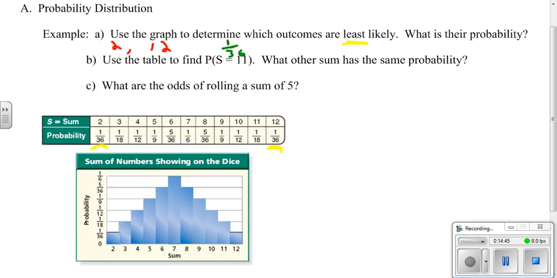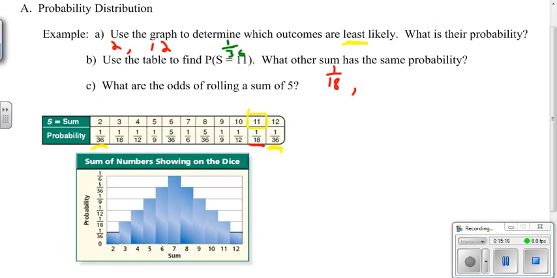Now use the table to find the probability that the sum equals 11. When we have P parentheses something, that's the probability of this happening. So the probability of the sum equaling 11. Well, we just go right to our table and find where our sum is 11, and we need to know the probability. The probability of the sum equaling 11 is going to be 1/18, or 1 over 18.